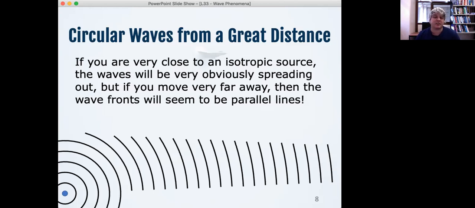Another distance that much again, they'd be pretty much straight lines, and you wouldn't really be able to tell the difference between these waves that started out as circular ones and ones that actually just started out as parallel straight lines anyway, because that curvature would be so small, it would be negligible. So that's just an interesting little note on circular waves. If you're looking at them from a distance, they appear to be a straight line. And so sometimes things that appear to be flat aren't.